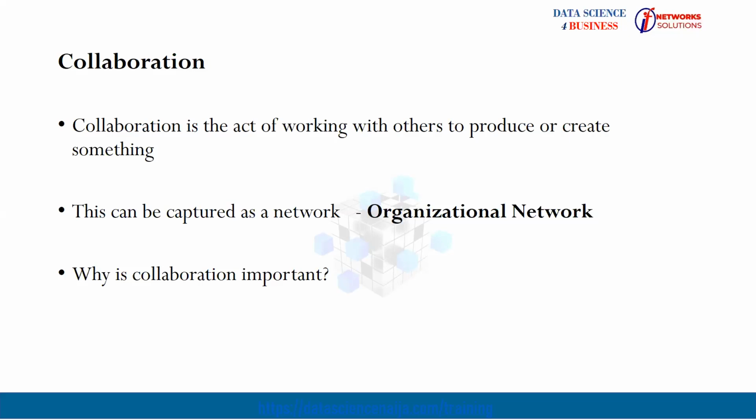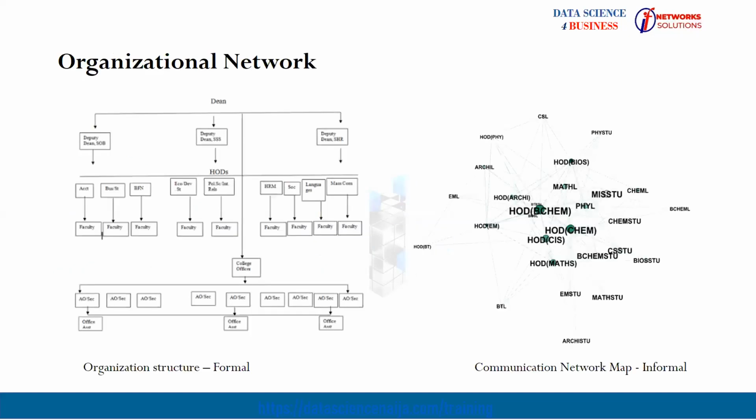The organizational network is one of the collaboration networks that we have. It's not the only one. We also have, maybe, the co-authorship network, where researchers work together, collaborating, and the list goes on like that. If we are talking of an organizational network, for example, there can be a formal one, that is the formal structure of the organization. Let's assume that this is a university organization.